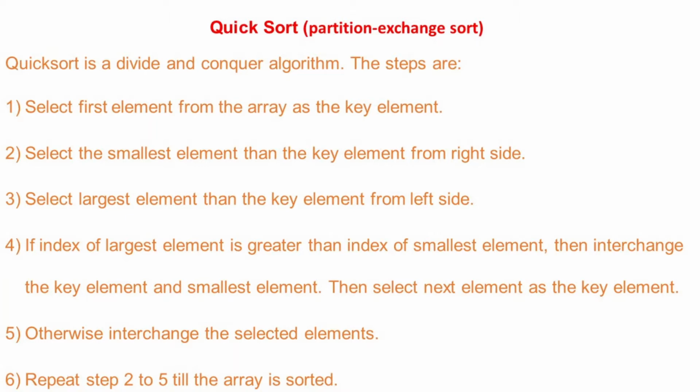Otherwise, interchange the smallest element and the largest element, the two selected elements. Repeat steps 2 to 5 till the array is sorted. This is the quicksort algorithm.